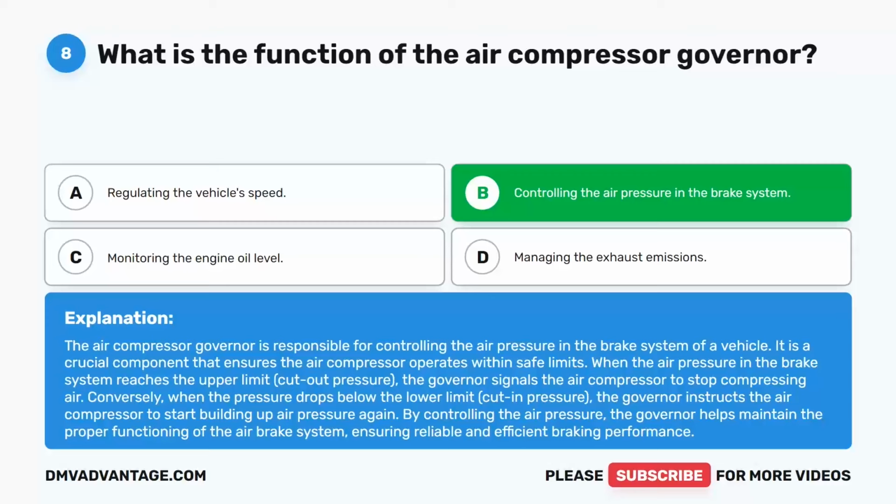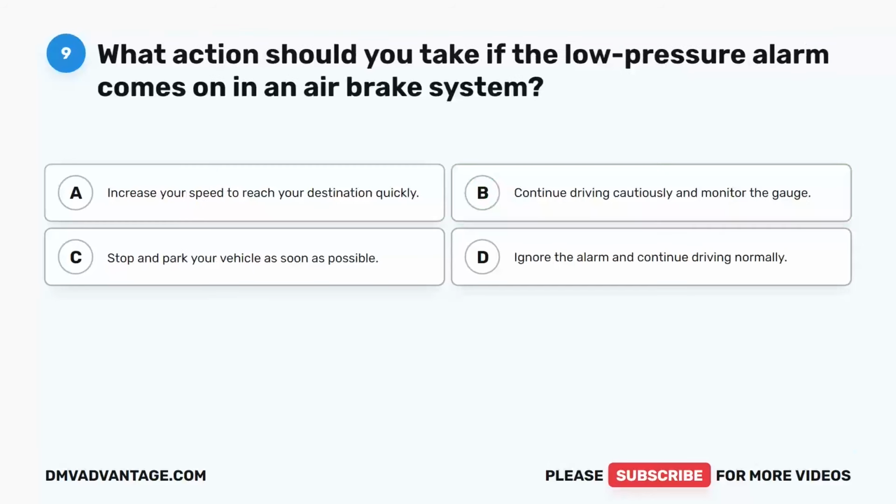Conversely, when the pressure drops below the lower limit, cut-in pressure, the governor instructs the air compressor to start building up air pressure again. By controlling the air pressure, the governor helps maintain the proper functioning of the air brake system, ensuring reliable and efficient braking performance.